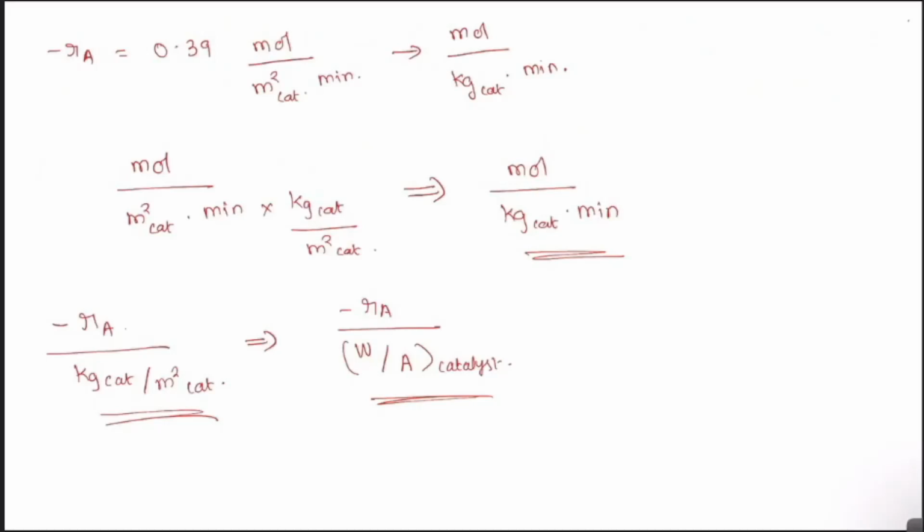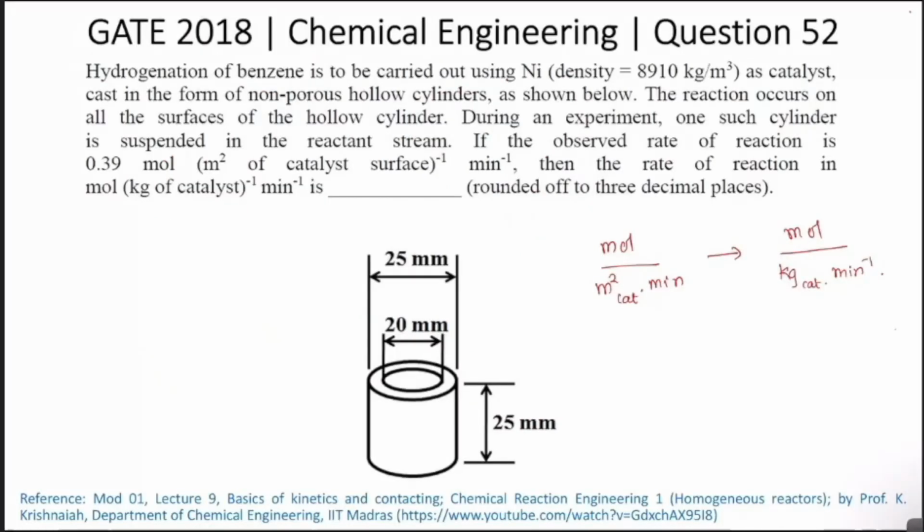So we can use these dimensions and the fact that the catalyst is a hollow cylinder, and we can find the volume of the catalyst. So volume of the catalyst V will be, the formula for volume of a cylinder is pi d square by 4 into h. So we'll just use this formula to find the volume of the catalyst.